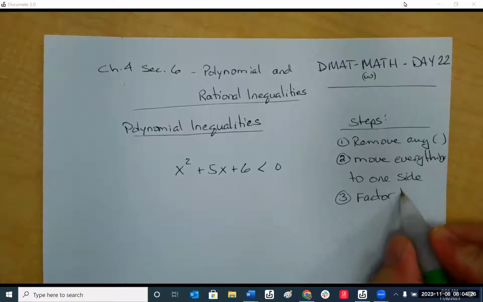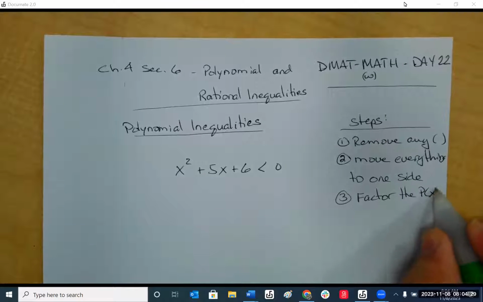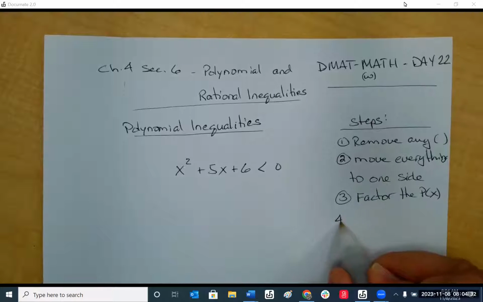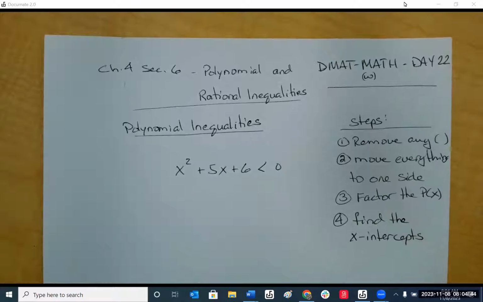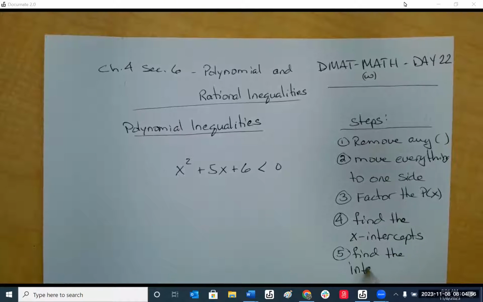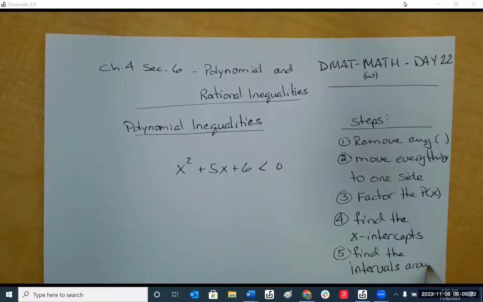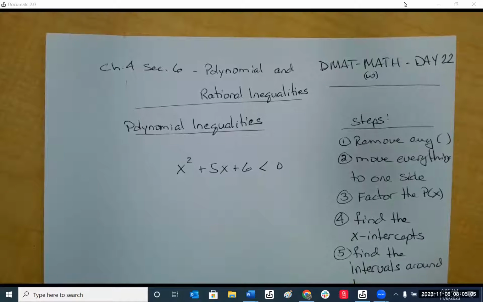Factor the polynomial function. Find the x-intercepts. Find the intervals around those intercepts.